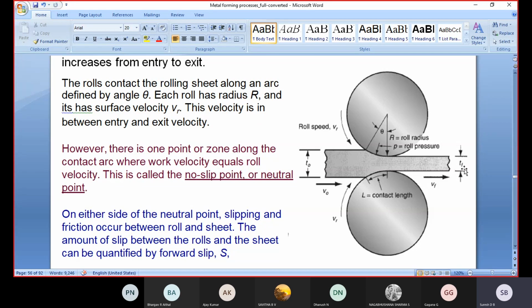Some defects are produced in rolling at higher speed and lower speed. Compared to the lower speed, at higher speed the maximum defects of components can be produced. The first defect: due to higher speed, the material is suddenly compressed. After completion of the rolling process, the material comes out from between the two rollers.